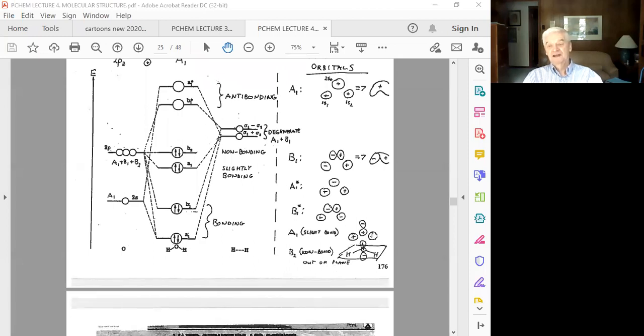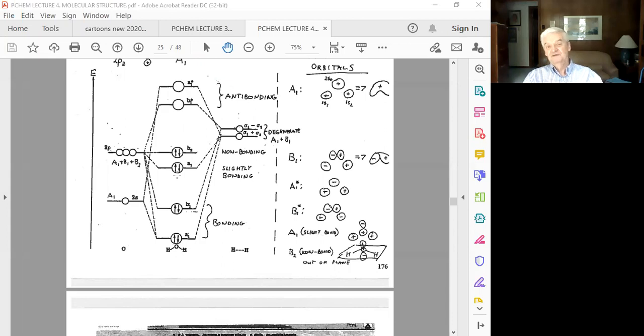And you can see that all the plus signs would match up, and so we could have a bonding interaction. The problem for this p orbital is the hydrogen atom orbitals have already mostly been used up to create this lowest A1 orbital. So this orbital can stick its nose in only a little bit to participate.